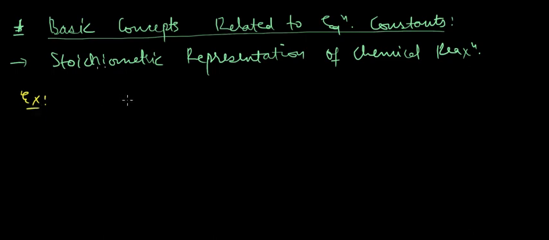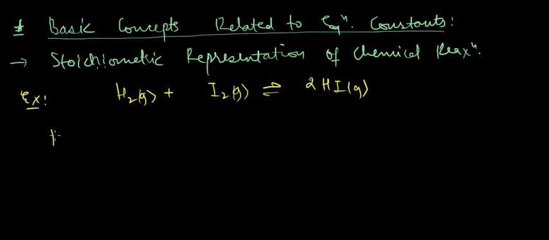So the example would be, we have H2(g) plus I2(g) forming 2HI again in gaseous phase. So Kp1 would be P of HI squared divided by P of H2 into P of I2.